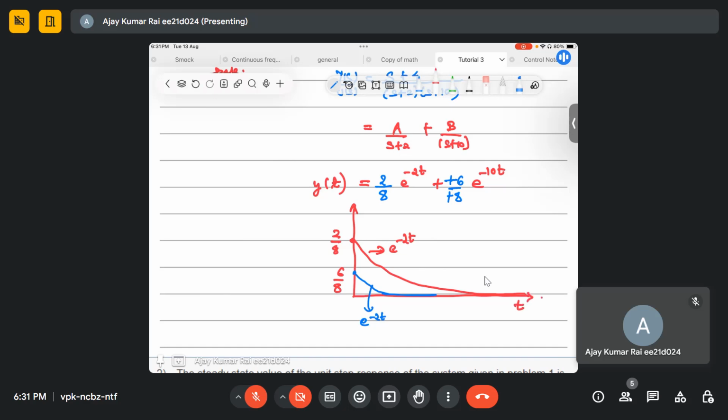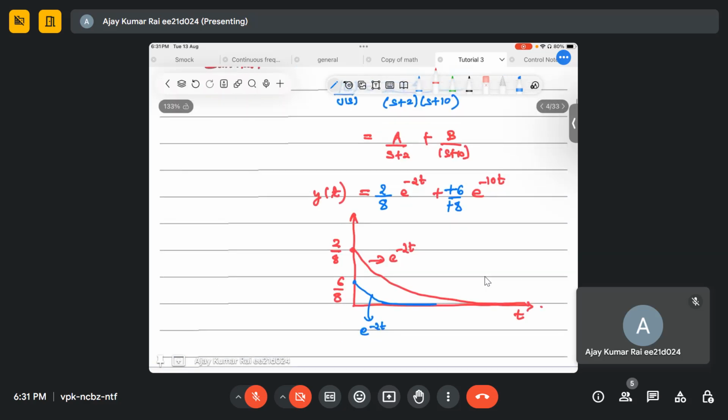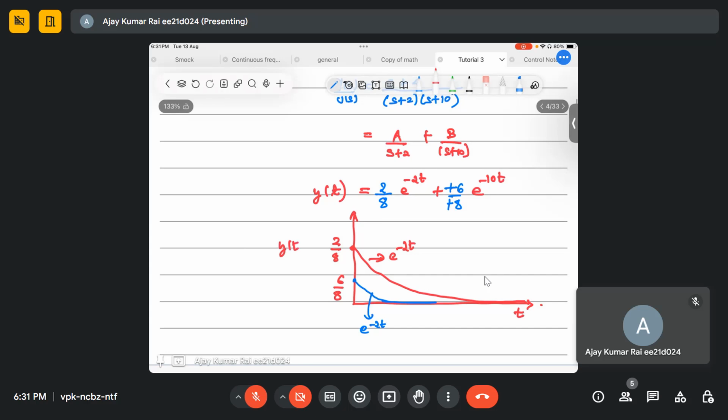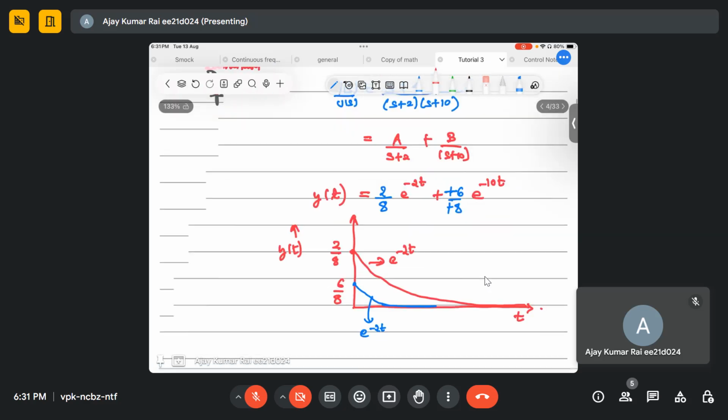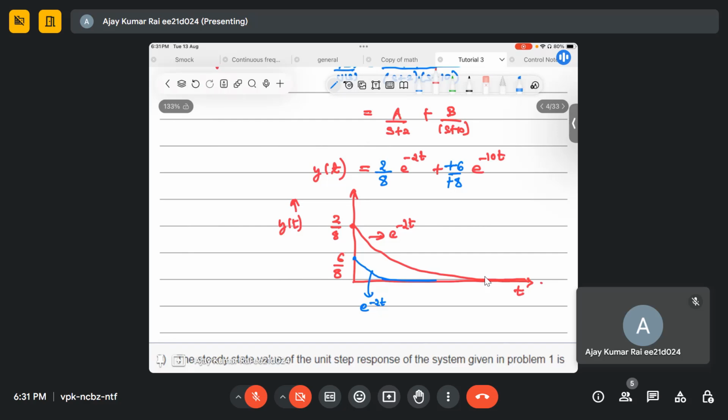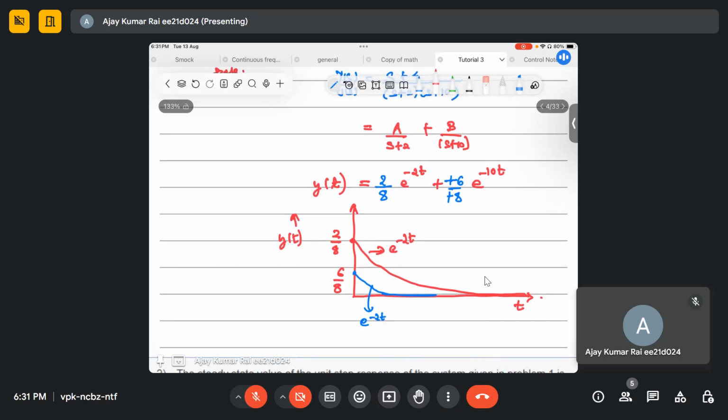So this is y of t. Just by seeing this you can tell which will dominate, because y of t is the summation of both, the blue and the red one, but this is the dominant one. You can see it from the response itself.